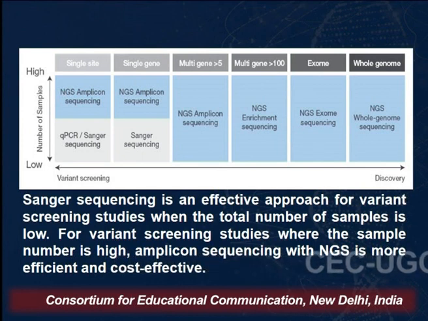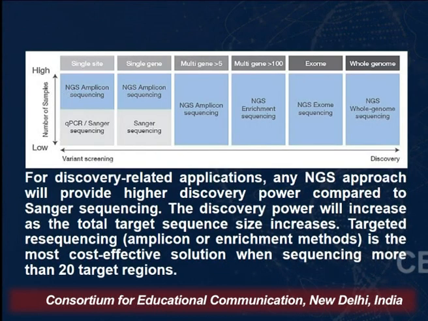If you want to go in for a functional aspect, then related to that functional aspect, you can enrich the clusters that you are using. That is basically enrichment. And if you want to know the entire genome, you can use whole genome sequencing. So again, for discovery or variant screening, you can choose between Sanger sequencing or whole genome sequencing methods. These different sequencing methods can be employed.